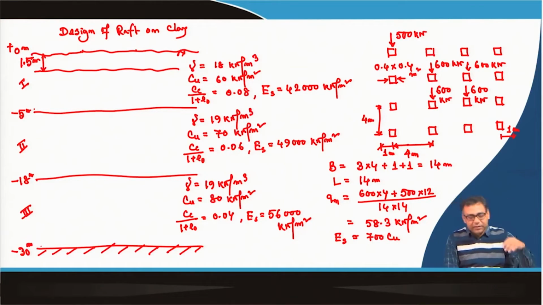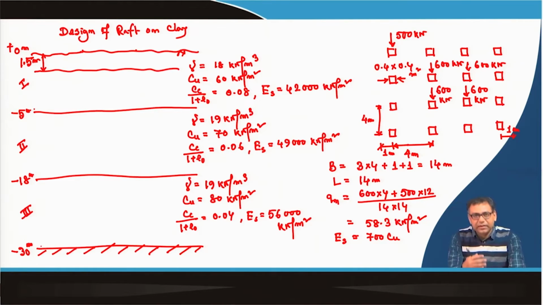So, the depth of the soil layer is up to 30 meter. After that it is the rigid layer, and the thickness of the first layer is 5 meter, the second layer is 13 meter and the third layer is 12 meter, and all the properties are given.